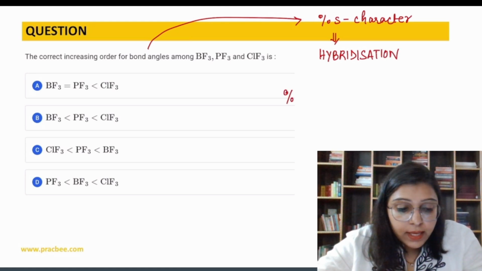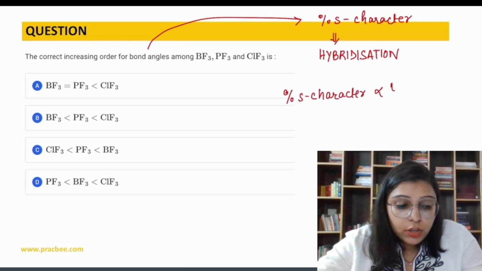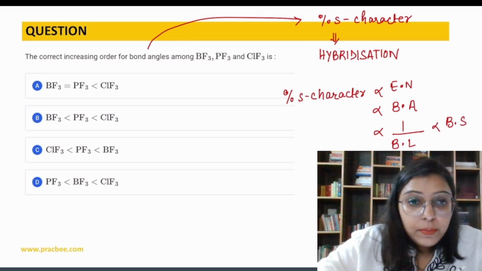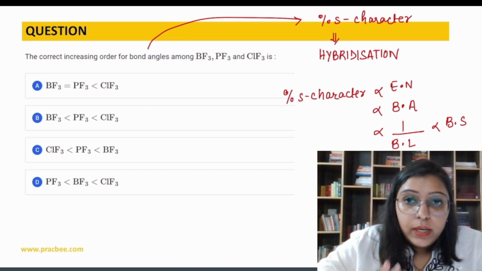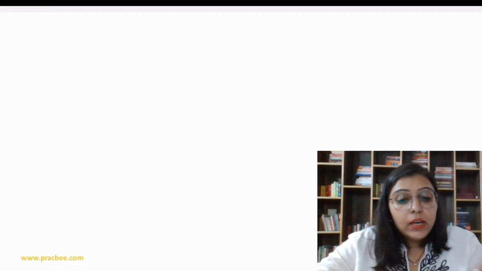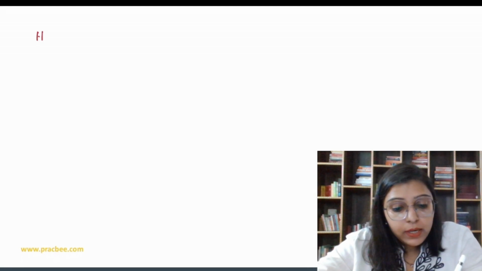Because percentage s character is directly proportional to electronegativity, directly proportional to bond angle, inversely proportional to bond length, and directly proportional to bond strength. So it means in order to find out the correct order of bond angle, the first step is to find out the hybridization.